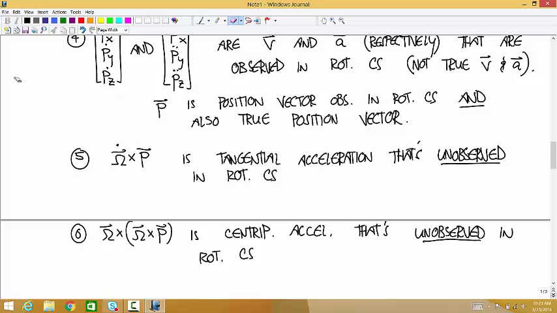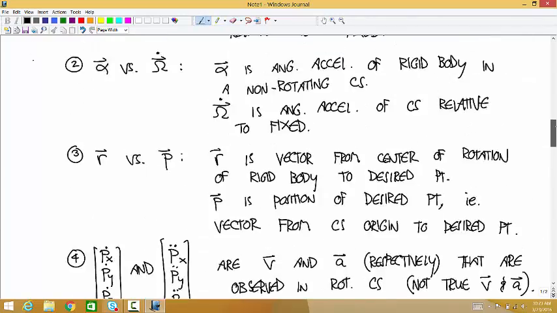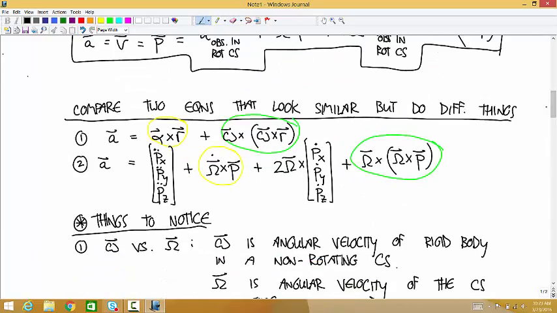Okay, so now I'm going through this 5, 6, and 7. I'm going through a list of the correction terms. If we're looking at this expression for the acceleration in a rotating coordinate system, here is what we're used to calling the acceleration. Here are the 3 correction terms. I talked about this one. That's like an unobserved tangential acceleration. I talked about this one. That's an unobserved centripetal acceleration.